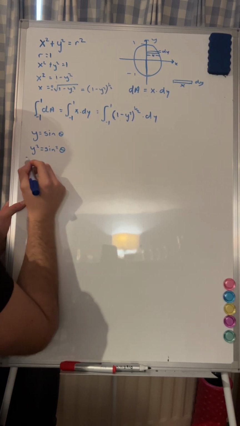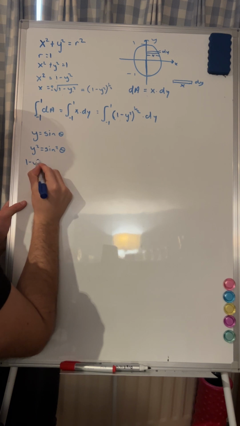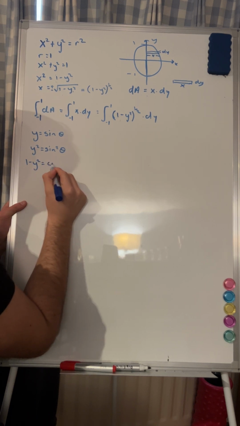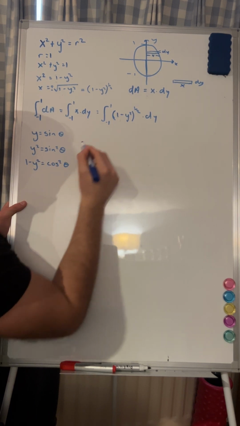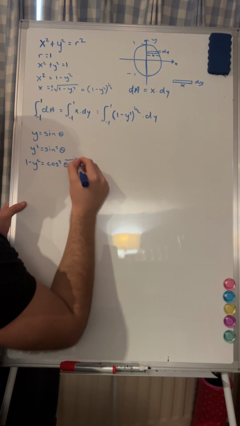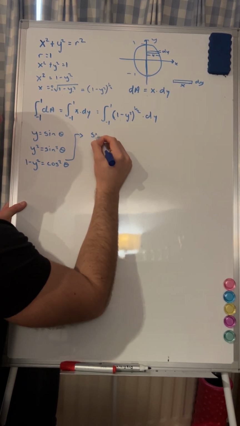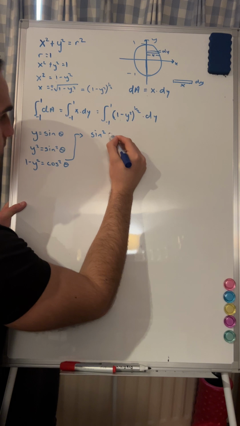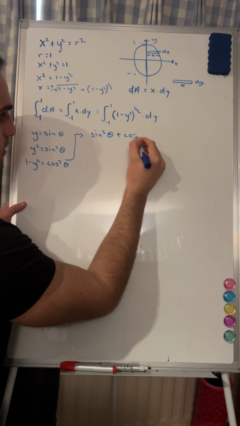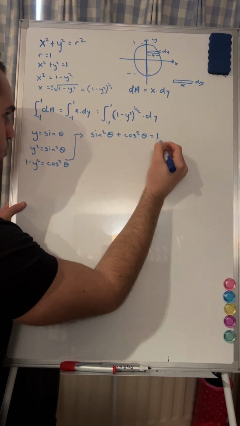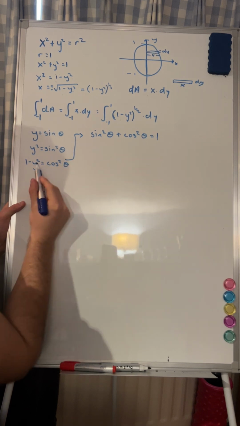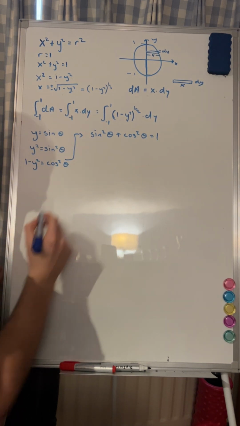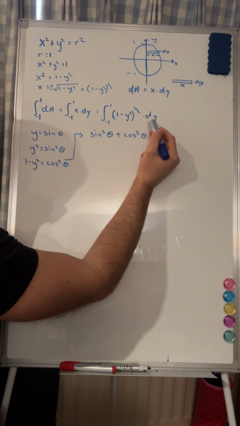So we can say 1 minus y squared equals cos squared theta. This comes from sine squared theta plus cos squared theta equals 1. Rearranging, we get to here. So now we've got this, and now we need to find dy.